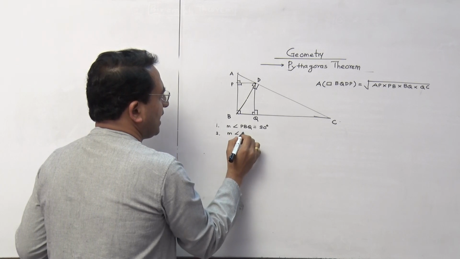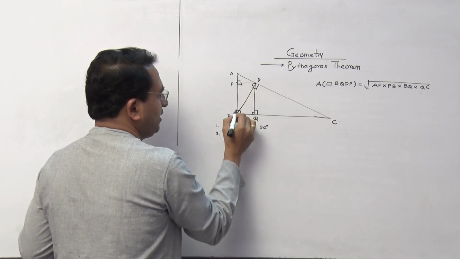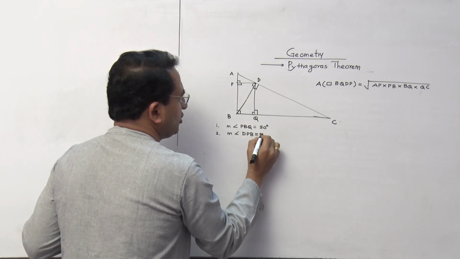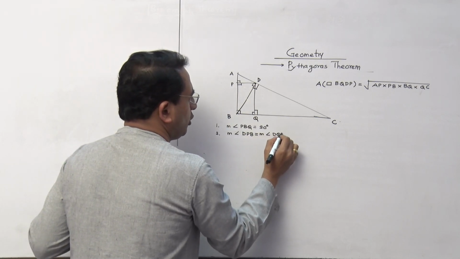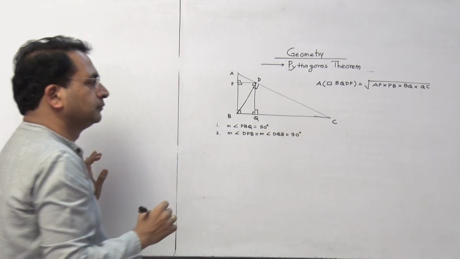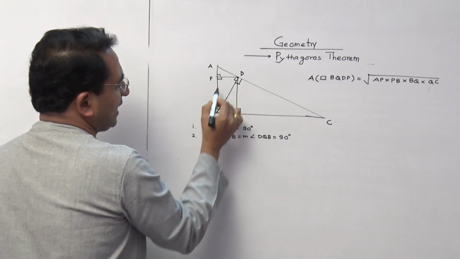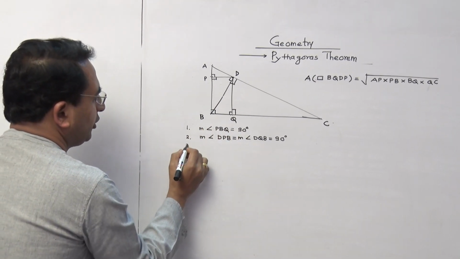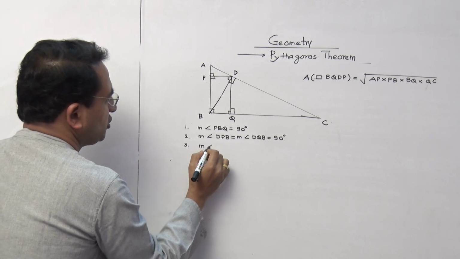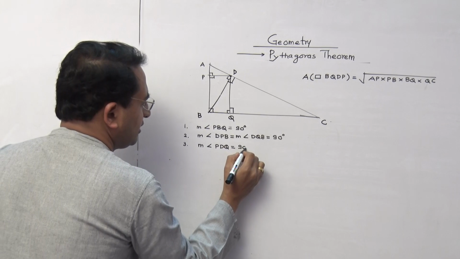So measure of angle DPB is equal to measure of angle DQB, or not, and that is going to be 90 degrees, or not. Correct? So three angles are becoming 90. Therefore we have to say measure of angle PDQ is also 90 degrees.